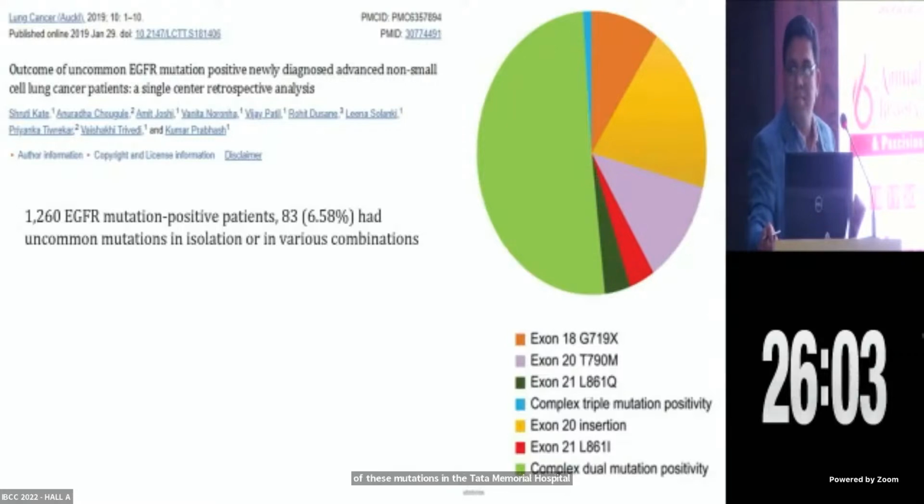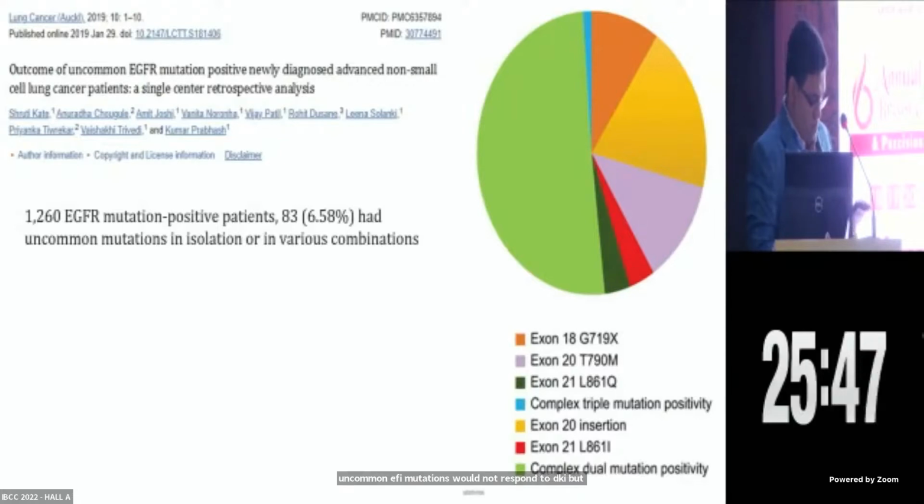Mainly, we wanted to see which are the compound mutations, and whether the compound mutations really respond to TKIs, because we know that certain uncommon EGFR mutations would not respond to TKI. But many a times we face compound mutations out of which one is sensitive, one is insensitive.